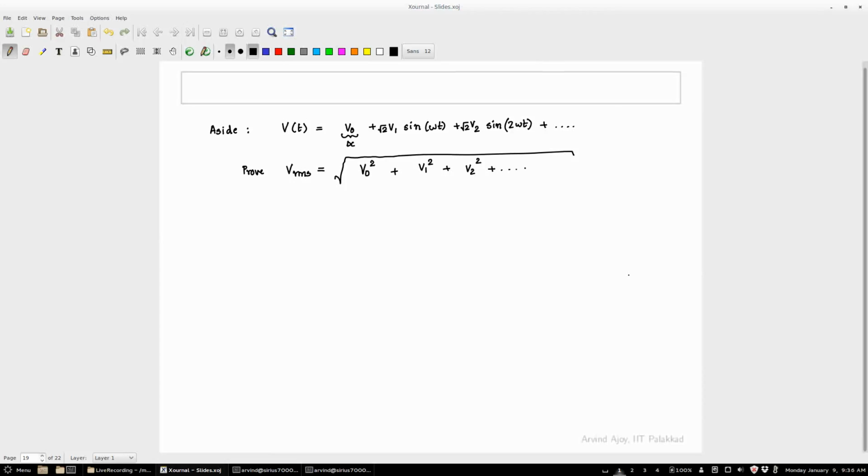Let me make this root 2 V1 and root 2 V2, so that V1 is basically the RMS value. So prove that it will be this.